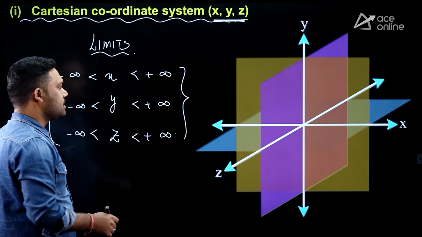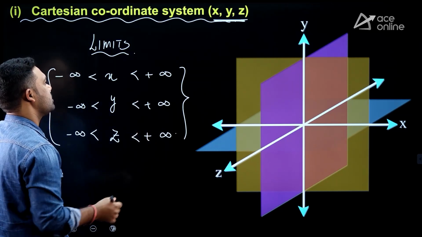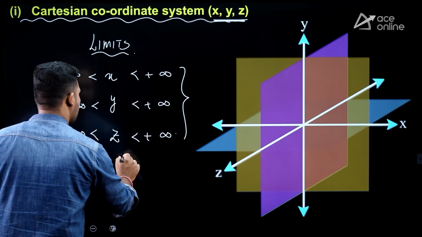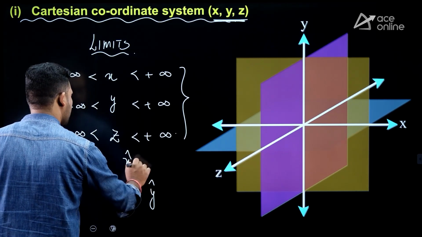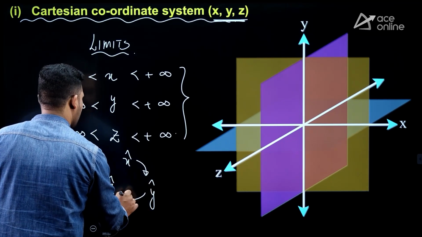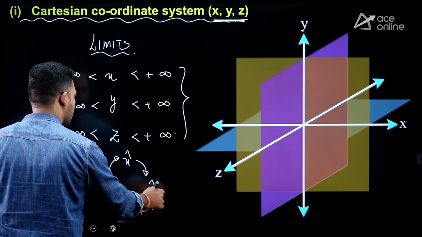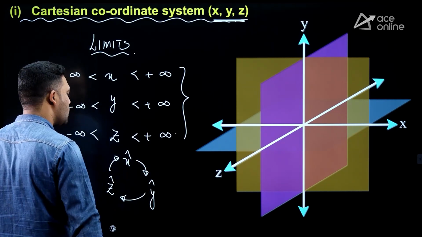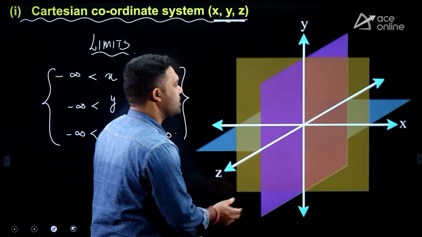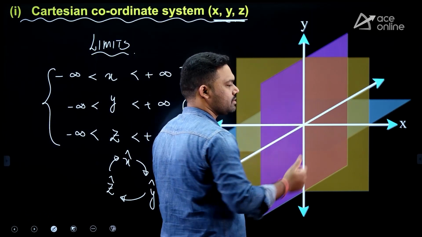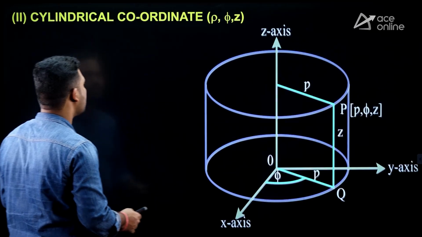Clear, guys? Fine. So x cross y is z and so on. You need to follow this. They are x cap, y cap, z cap. So x cross y is z, y cross z is x, and these 3 are an orthogonal set. The dot product of any two of them is 0. You can check here that x cross y is z. Clear, friends?